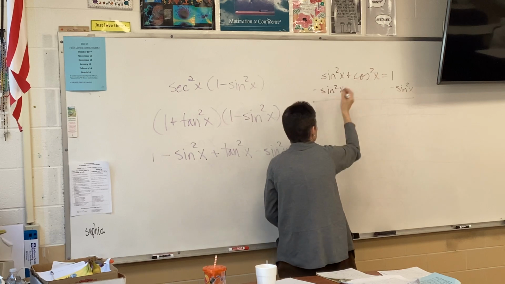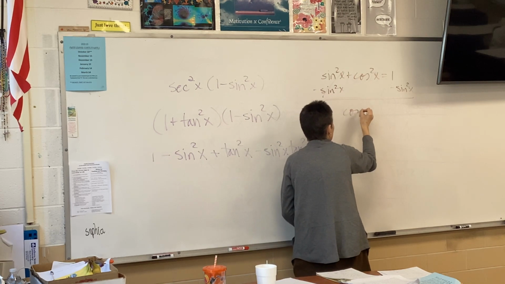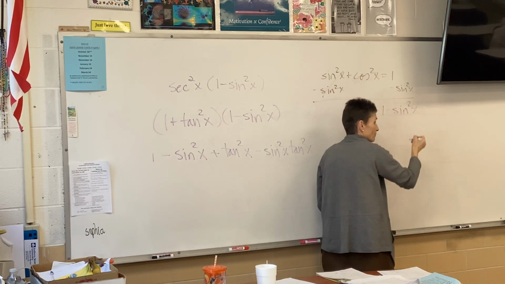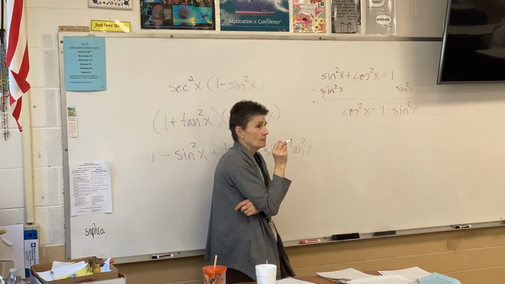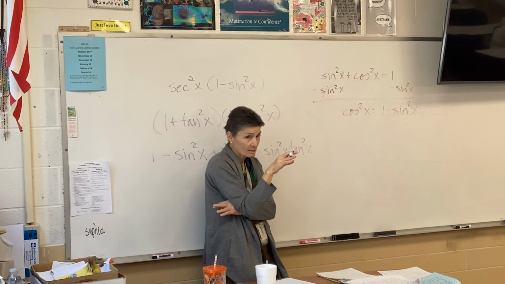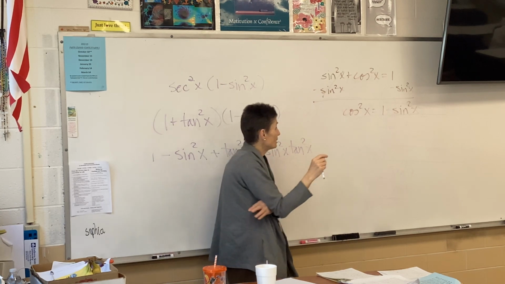what does that equation now say? Cosine squared equals 1 minus sine squared? That's the same equation, you guys. It's just things are rearranged a little bit.